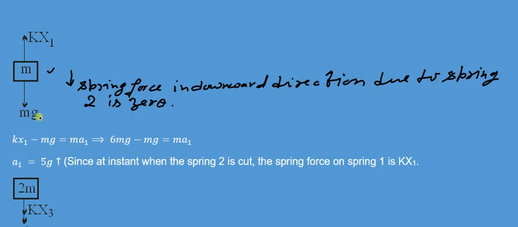So the condition of motion for this block will be kx1, in upward direction, minus mg, which is in downward direction, is equal to ma1. a1 is the acceleration of block m. Substitute the value of kx1, which is 6mg: 6mg minus mg is equal to ma1. From here we get a1 is equal to 5g. This acceleration will be in upward direction.